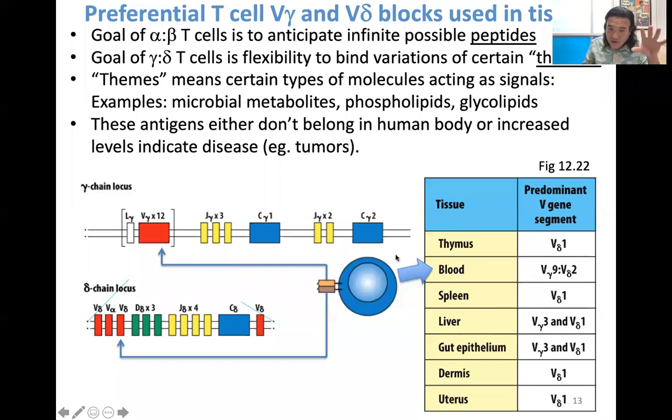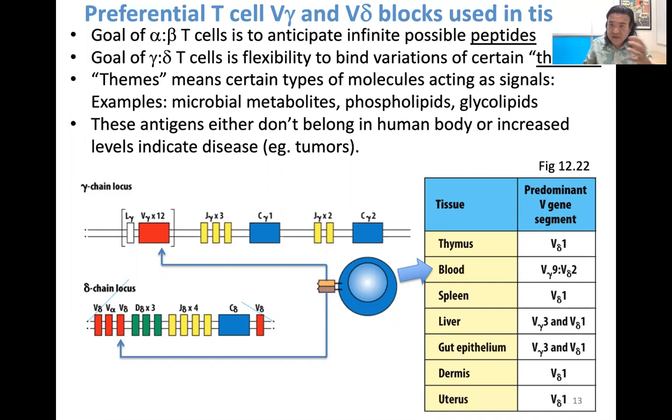What we found is that depending upon which combinations are put together, like which of these 12 gamma red blocks is chosen, which of a handful of delta blocks are chosen, the resulting shape of that gamma delta T cell receptor is good for only detecting a particular family of weird signals.